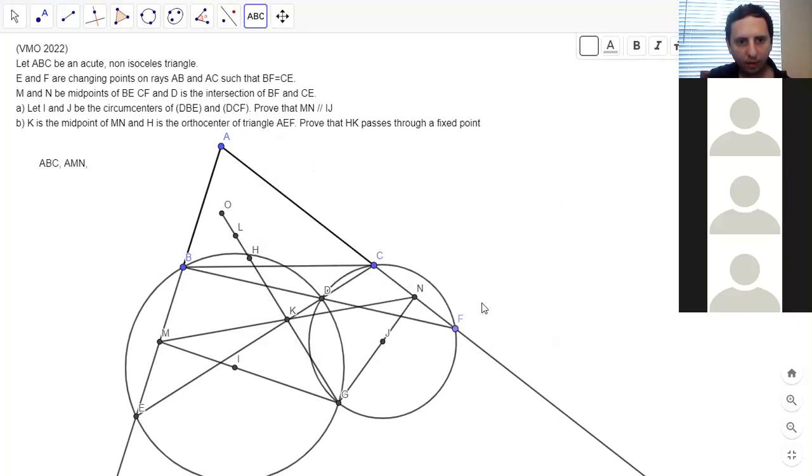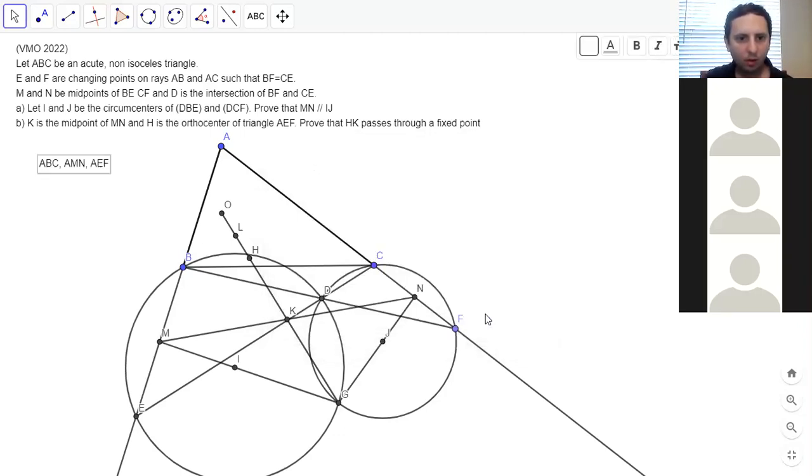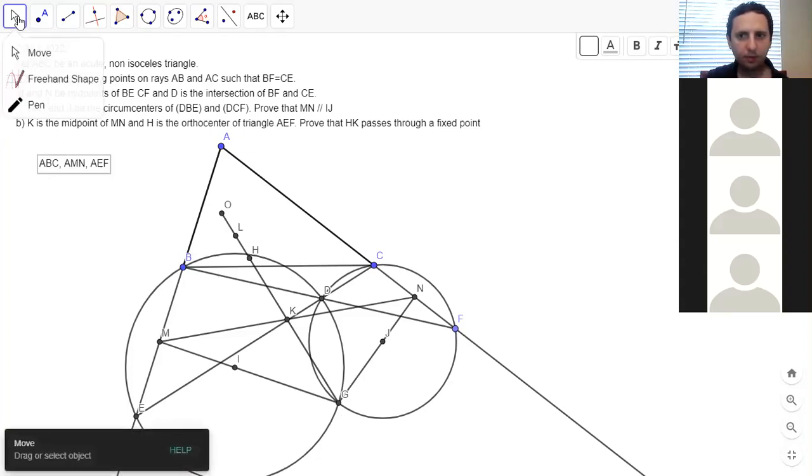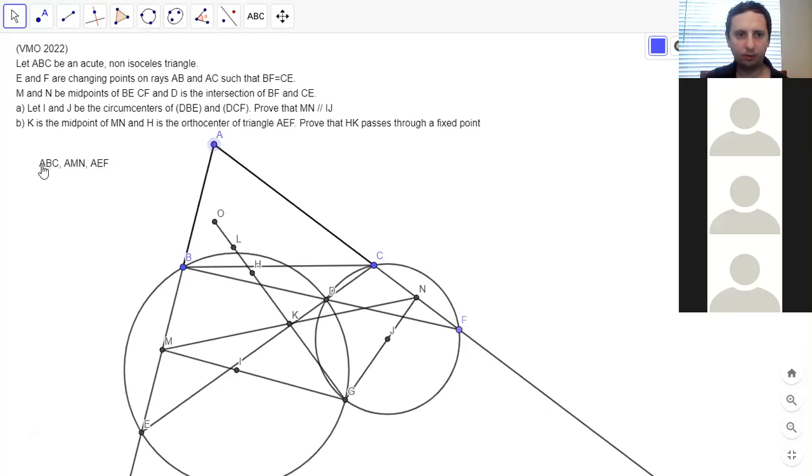ABC, AMN, and then AEF. And G isn't an orthocenter, is it? But K, okay, so the theorem, does it say that the orthocenters of these three are collinear, or? I guess I'm trying to see the Steiner line of EBCF.